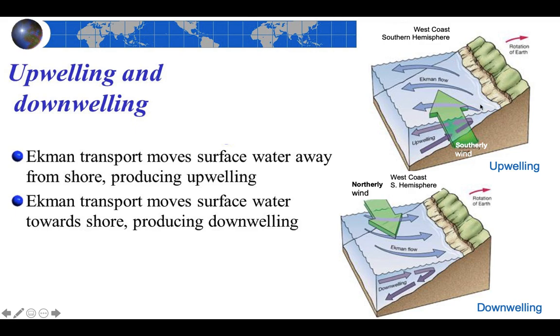So we're looking at two diagrams here. The one on top is about upwelling, and we talked about that. When you have southerly winds, for example, off the coast of Peru and South America, we have trade winds blowing from the southeast to the northwest.